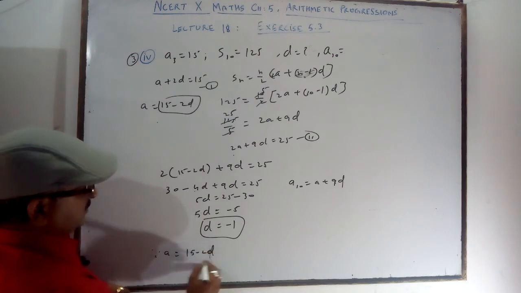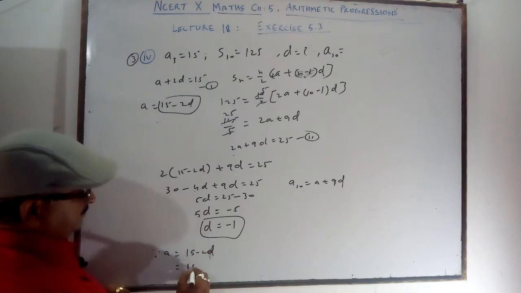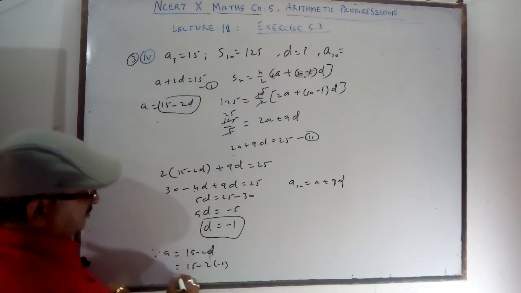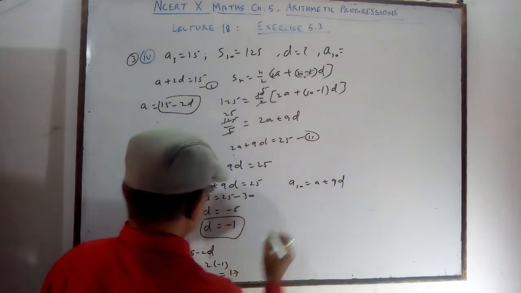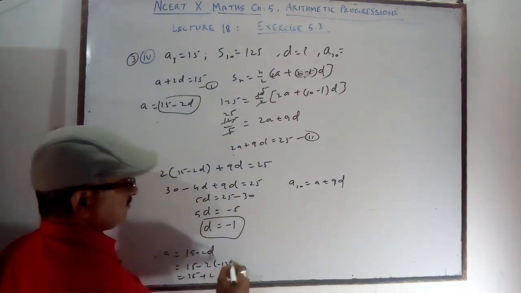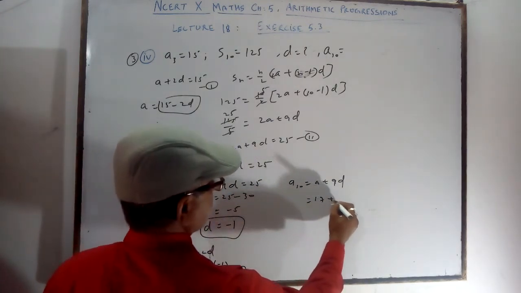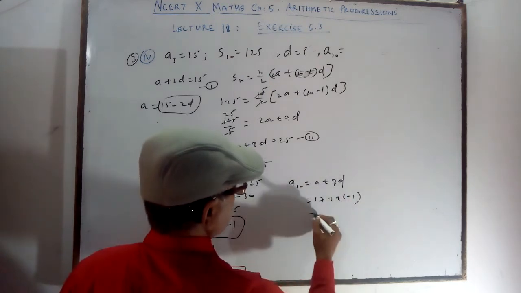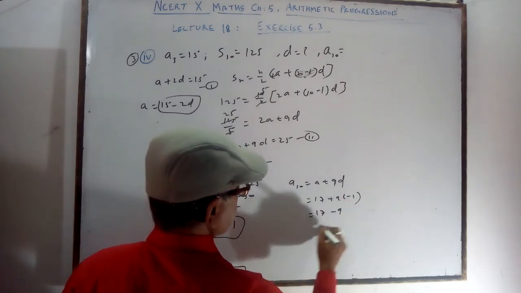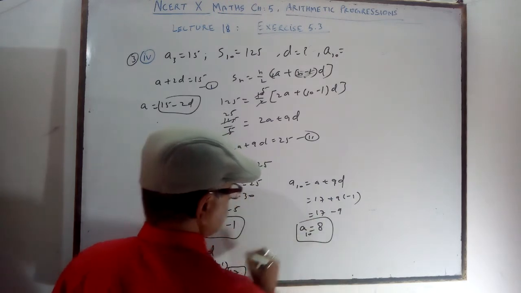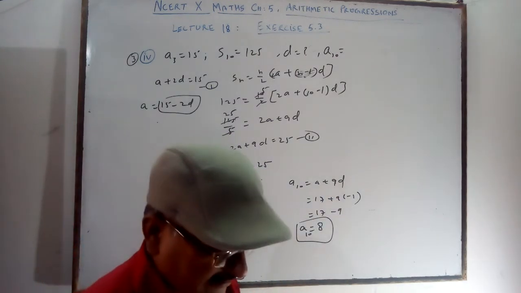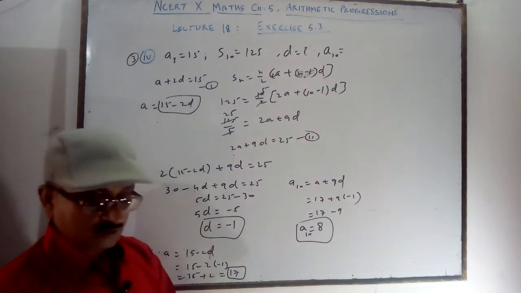So 15 minus 2 into minus 1, 15 plus 2 gives you 17. So a is equal to 17, the first term. 17 plus 9 into minus 1, 17 minus 9 is 8. What is A10? A10 is 8. There are two answers you are getting. A10 is equal to 8.